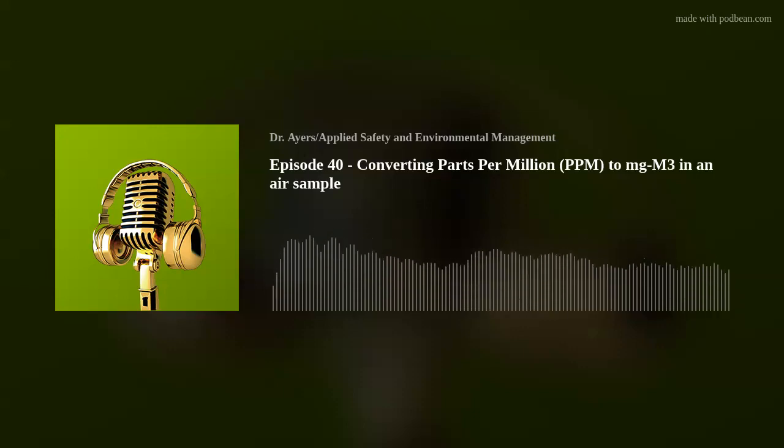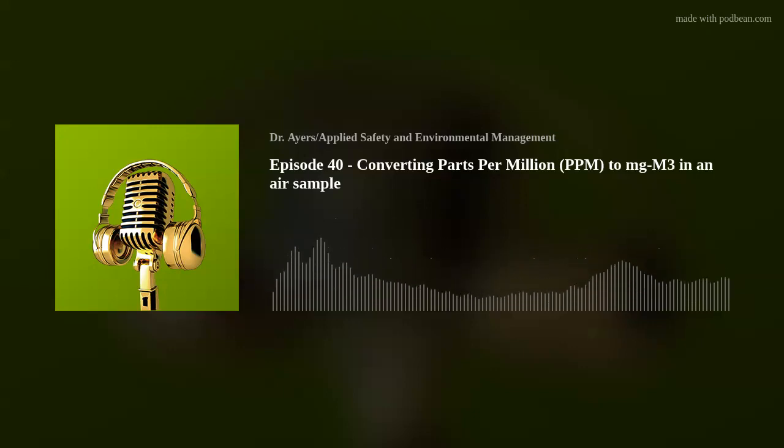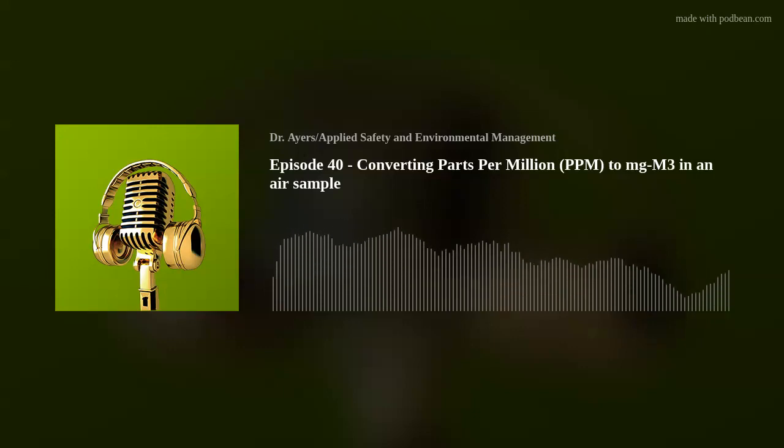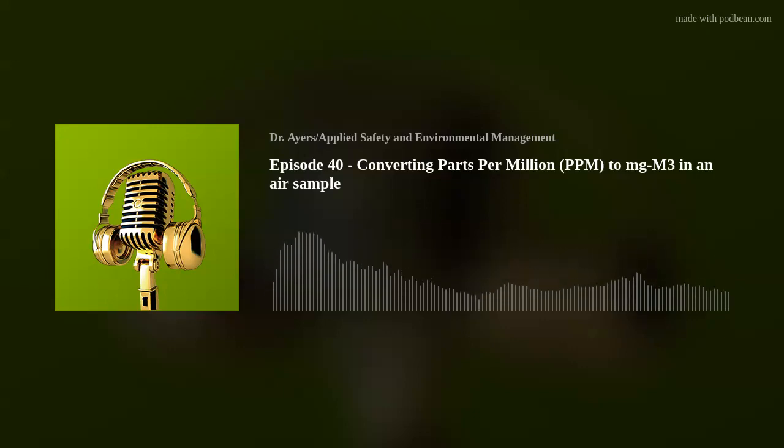Your concentration in milligrams per meter cubed, that's what we're trying to find in today's example, is going to be equal to 0.0409 times the concentration in ppm times the molecular weight. That will give you your conversion factor to figure out what milligrams per meter cubed is going to be then.